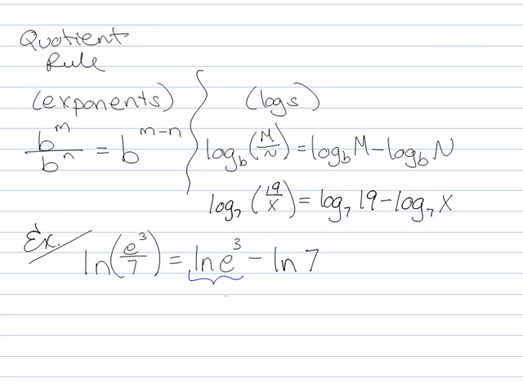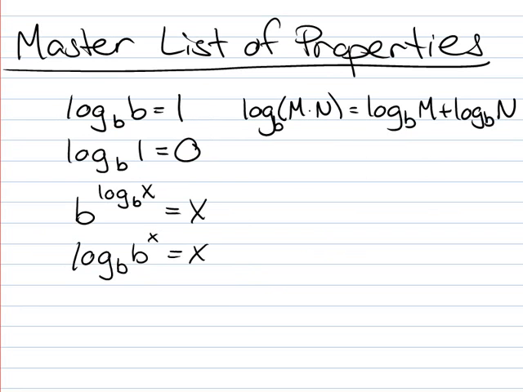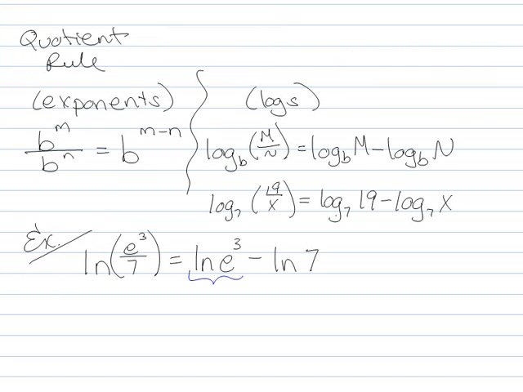Because this is like the one we did before, but it's log base e. So that simplifies to 3 minus natural log of 7. You've gotten rid of some of the ugly letters, so that's always a good sign. You can do all sorts of stuff like this.